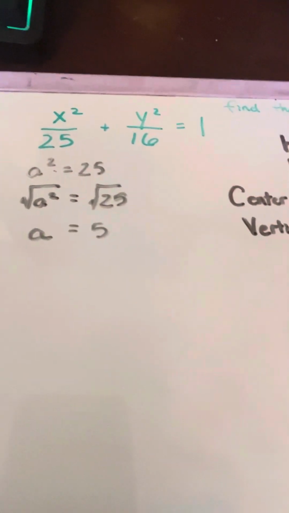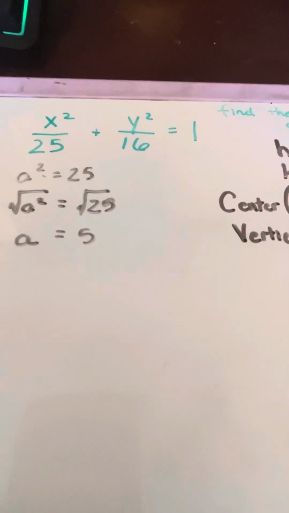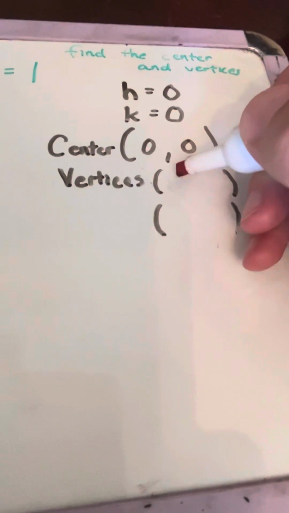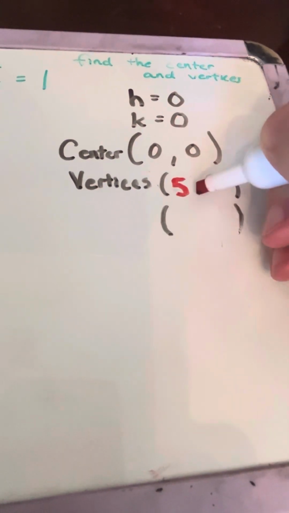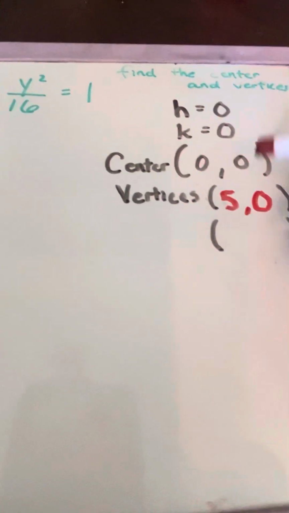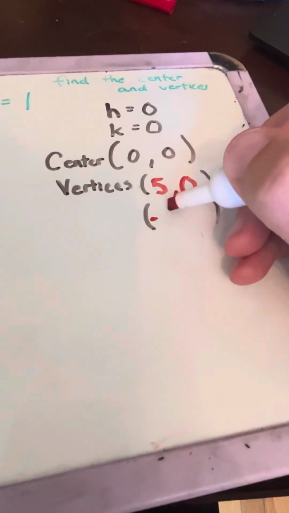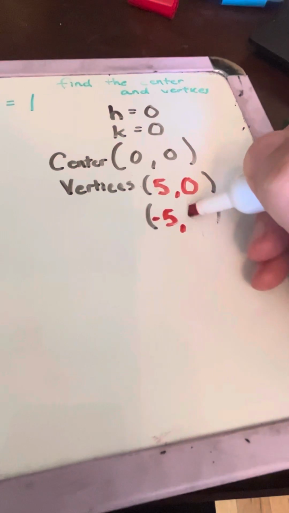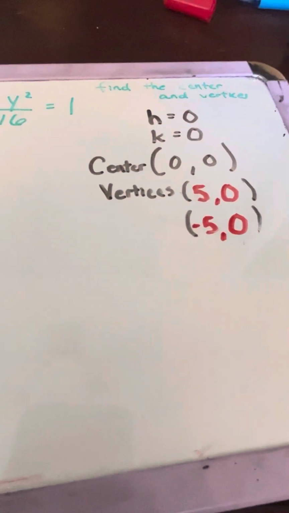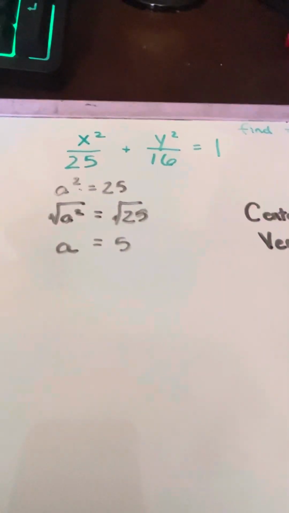Pens are drying out very quickly here. Okay, we're going to use the big marker. So we've got 5, 0. And then we've got -5, 0. So those are our two vertices there.